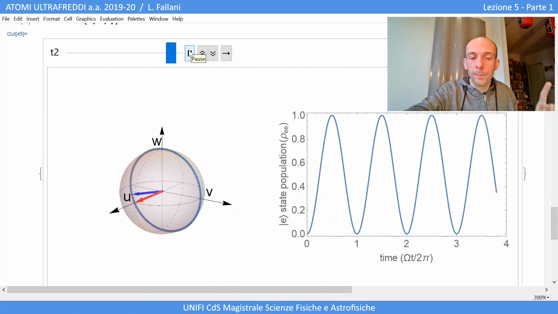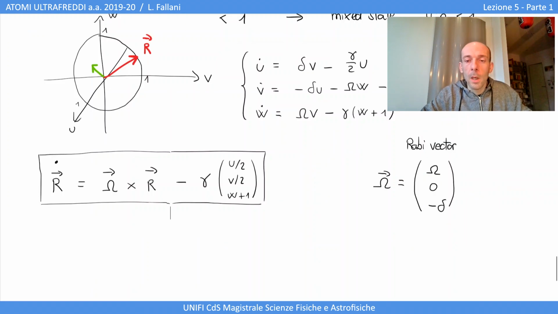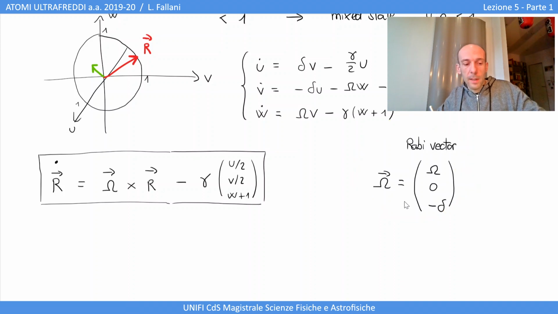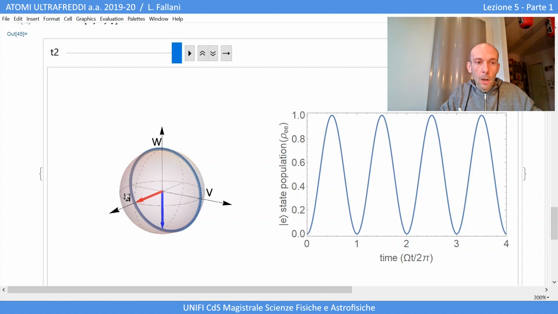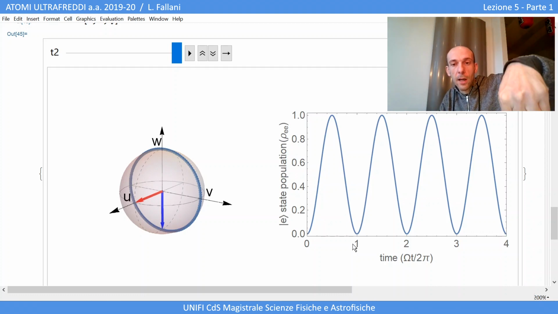If we take the definitions we considered before, in the case of resonant interaction, delta equals 0, and so the Rabi vector is pointing only along the u direction. You can see quite clearly that the state vector initially is pointing downwards.